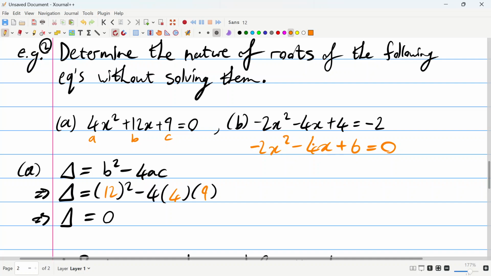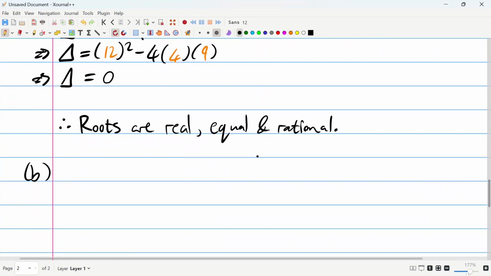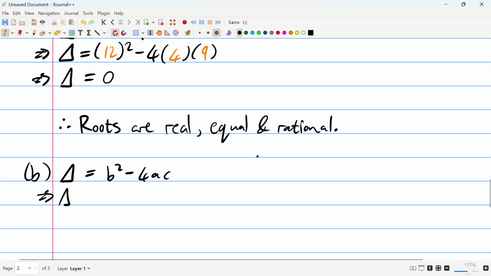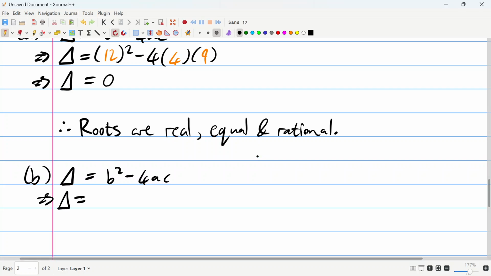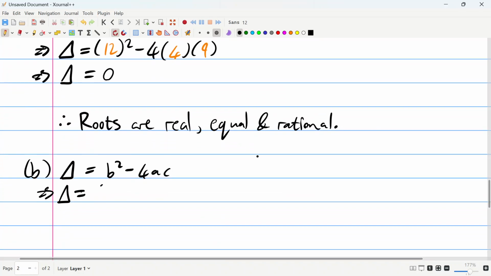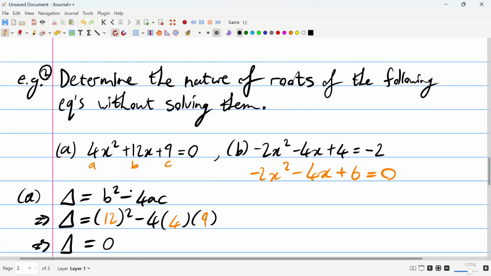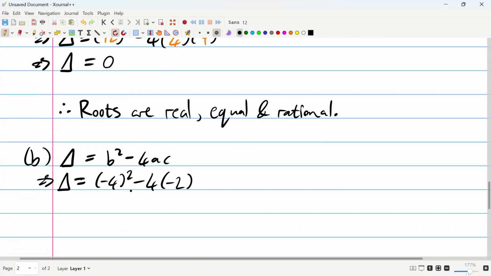Alright, and now we can use the discriminant feature that we have, okay? So the discriminant is equal to, what is it? B squared minus 4ac. That's all you do. And then you just substitute from here. We know that b is equal to negative 4, okay? So it's negative 4 squared minus 4 into negative 2 multiplied by c, which is 6.